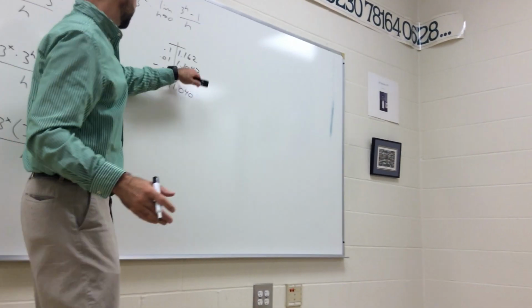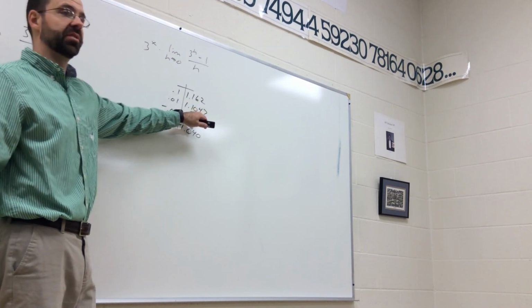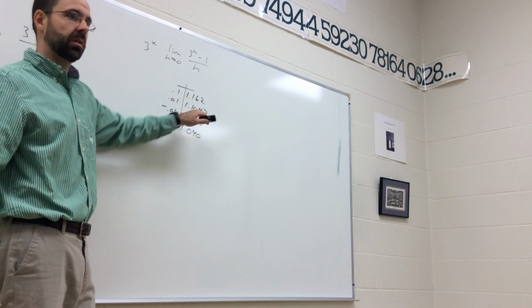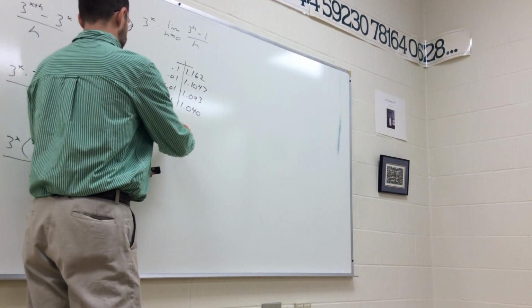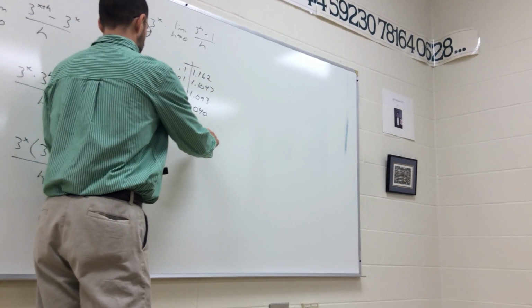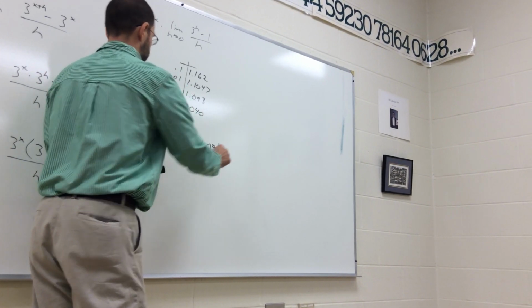So it looks like it's getting close to something like 1.09 or maybe 1.10. So I've got an approximate derivative again, f prime of x is about 3 to the x times 1.09, I guess.